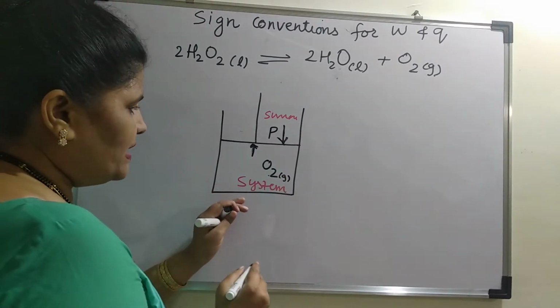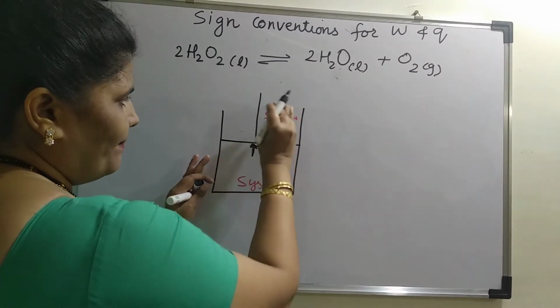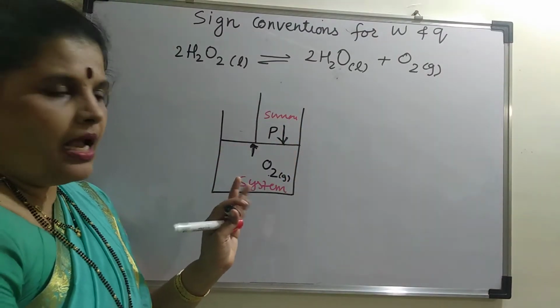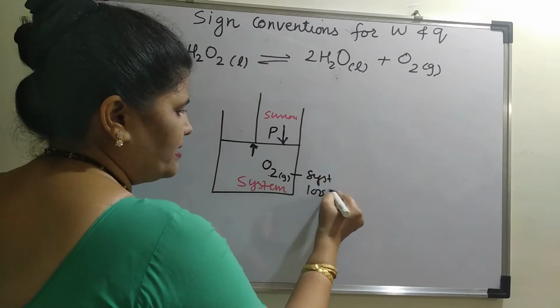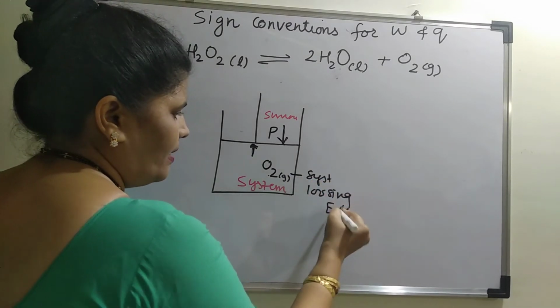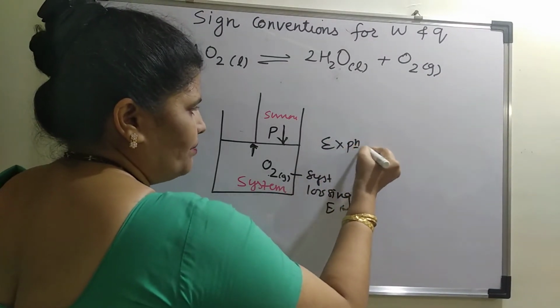Means what is the system doing? The system is trying to oppose the force which is applied from the surrounding side. And in doing so, the system is losing its energy. And this process we call the expansion process.